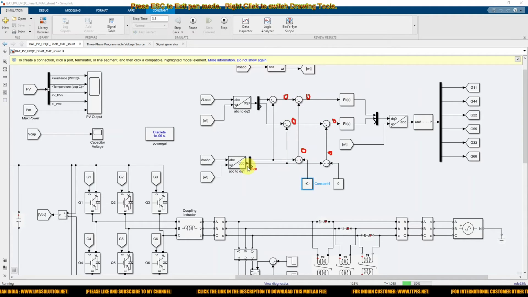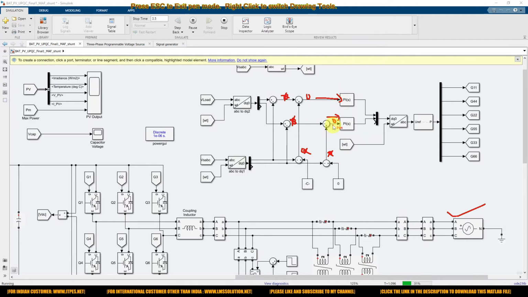But for example, if any sag and swell occurs in the grid side voltage, what happens? This error will not be zero, and this error also will not be zero, right? So if there are some errors, the PI controller generates the compensating signal based upon this error voltage.